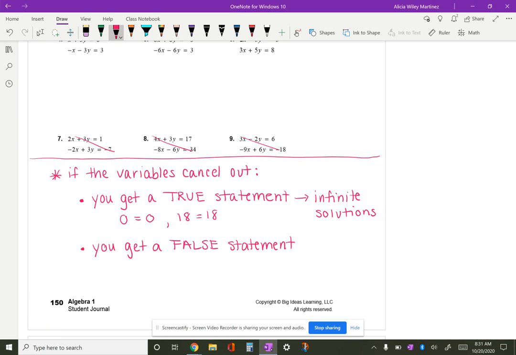When this happens, that's going to be something like 0 equals 5 or any false statement. Variables cancel out, you get something like 0 equals 5, and that's definitely not true. This is going to be a problem where your answer would be no solution. It would also be a problem where you have the same slope.